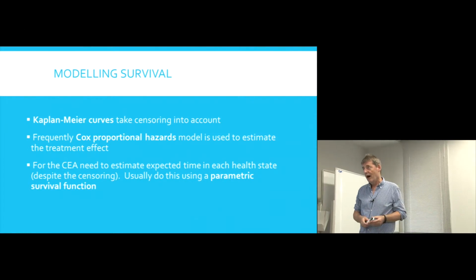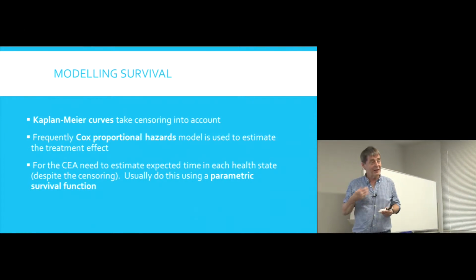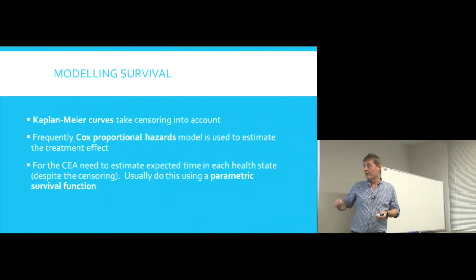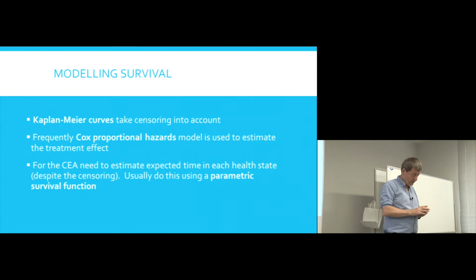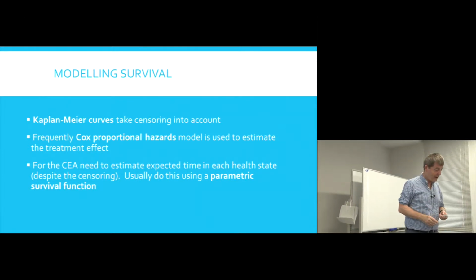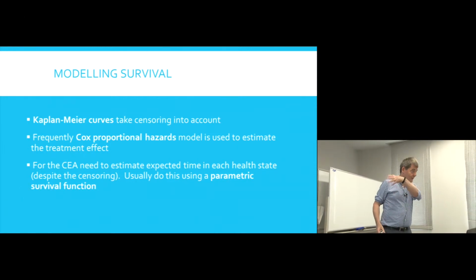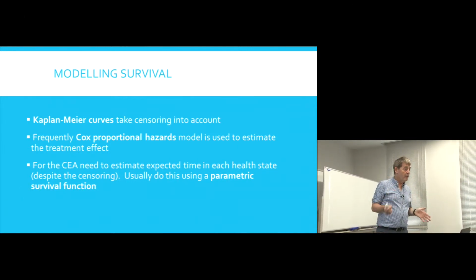And so, because we're trying to estimate the time patients spend in different health states, this is done using things called parametric survival functions, and exponential and log logistic we've just had pictures of. They were both examples of parametric survival functions.